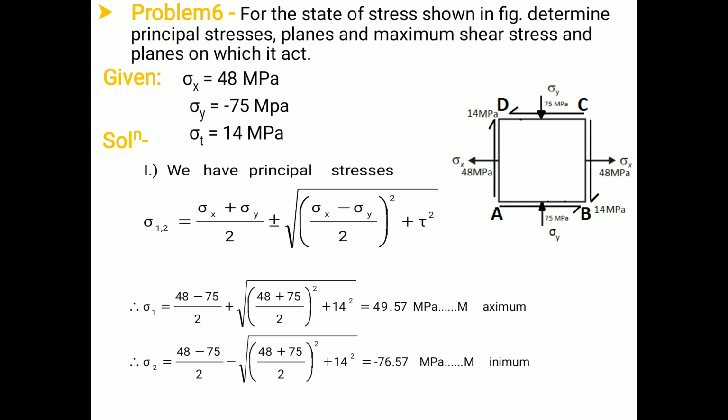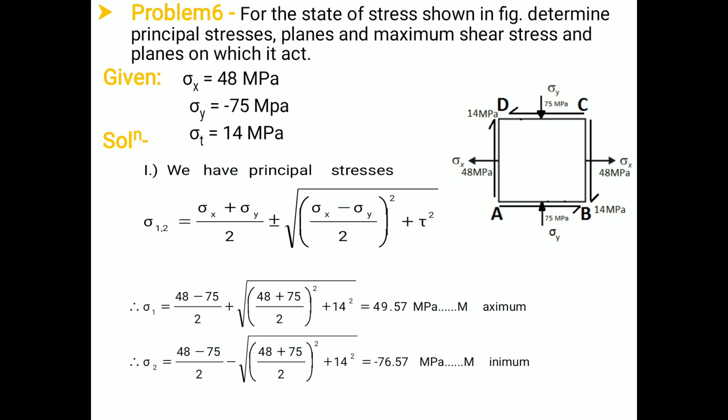Now we will move to solve the next numerical. The problem statement is as follows. For the state of stress shown in the figure, determine the principal stresses, planes, and maximum shear stresses and the plane on which they act. In the figure, sigma x is acting which is tensile in nature, sigma y is also acting which is compressive in nature, and the value of shear stress is given, it is 14 MPa.